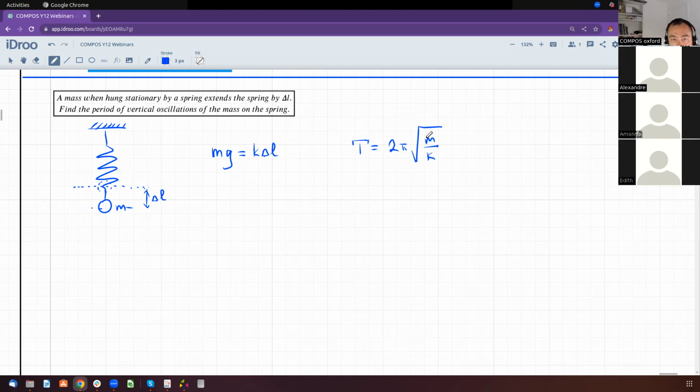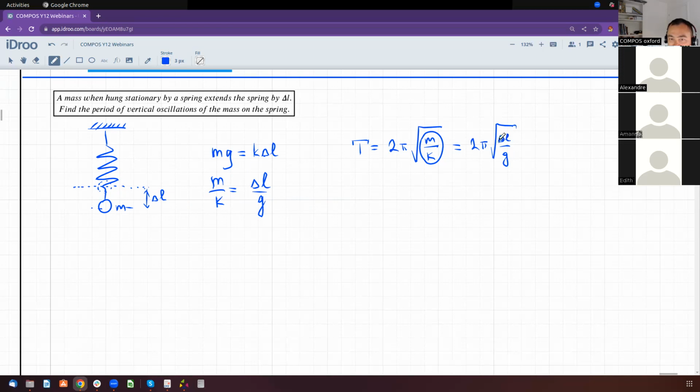What I would recommend, because we are looking for the ratio of m over k, is to divide by k. So m over k is delta L over g, and we can substitute: 2 pi square root delta L over g.